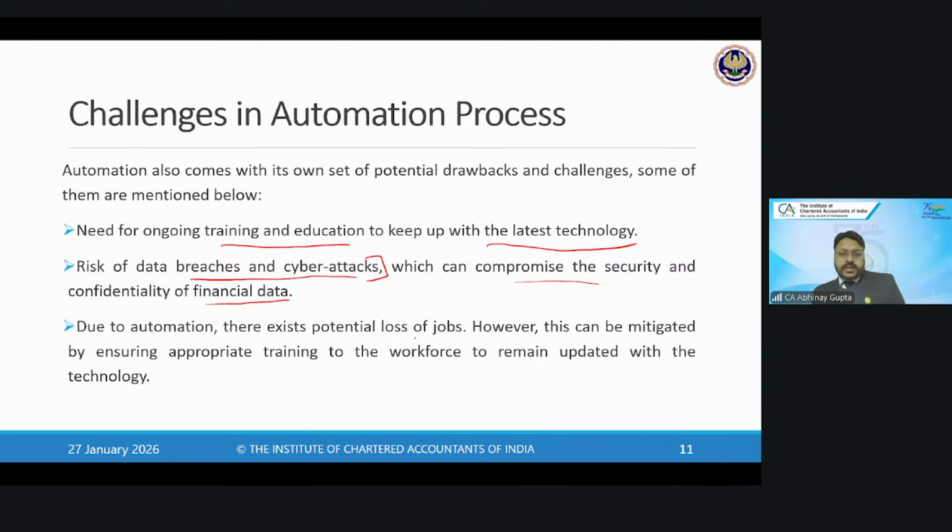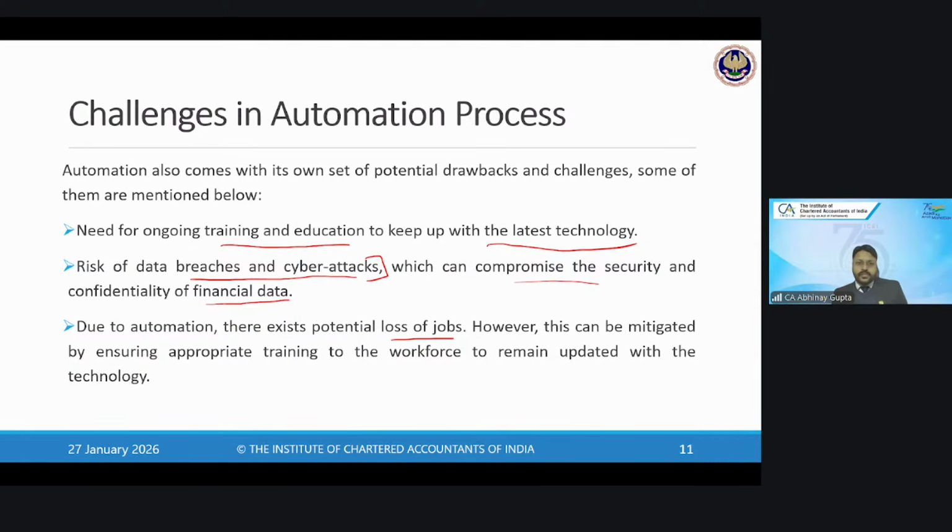Due to automation, there exists a potential loss of jobs. Yes or no? Yes, sir. Yes, because earlier the company was having a battalion of people to do the journal entry, right? The company used to have 5,000 or 10,000 entries every month, and they used to have 10 people to make those entries into the system.